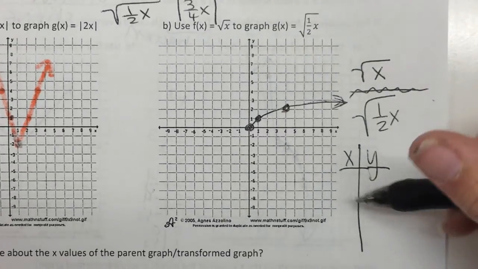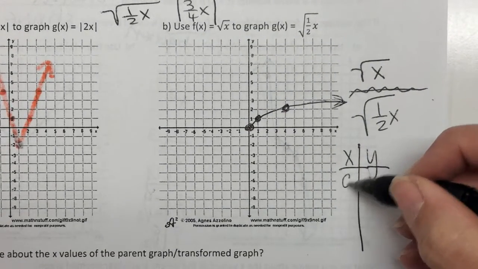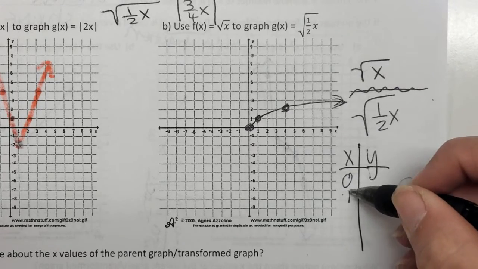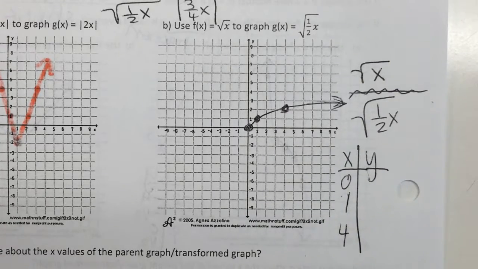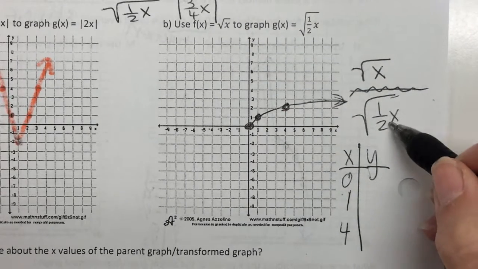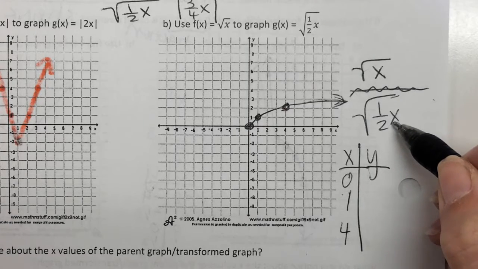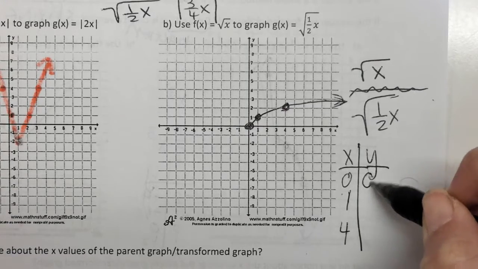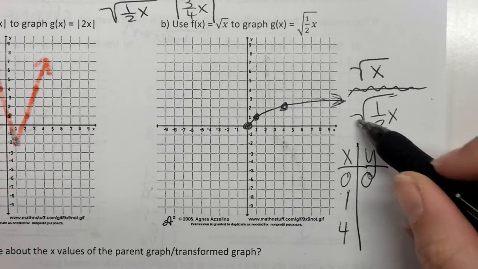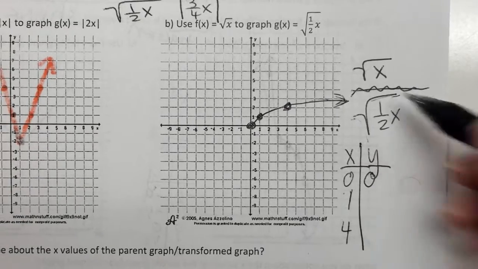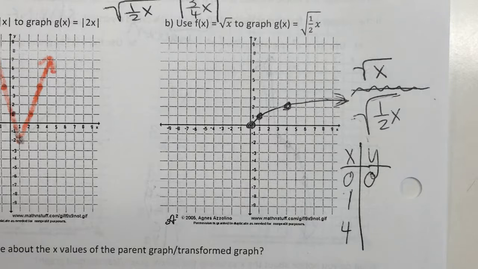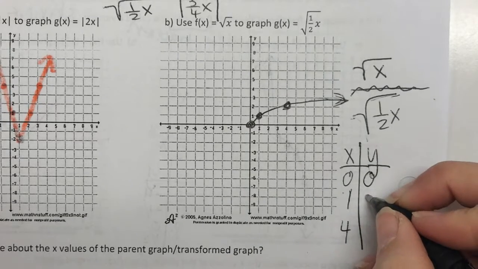So the x values, what could I start with? 0 and go up, right? Let's do 1 and 4. Alright, so if I plug 0 in here, what would my y value be? 0, right? If I plugged in 1, that'd be like square root of 1/2. Somebody type that in on their calculator and tell me what that's going to give us. 0.7.